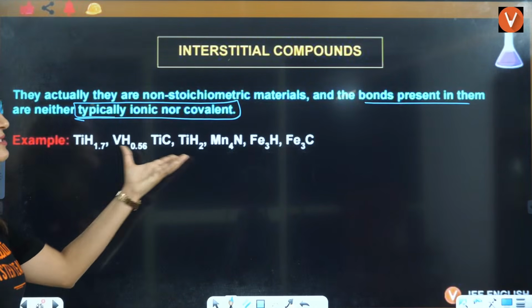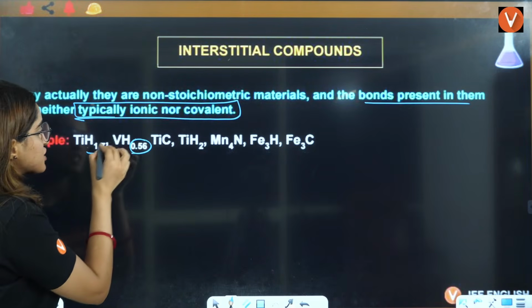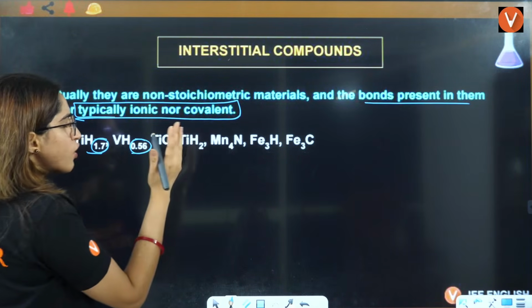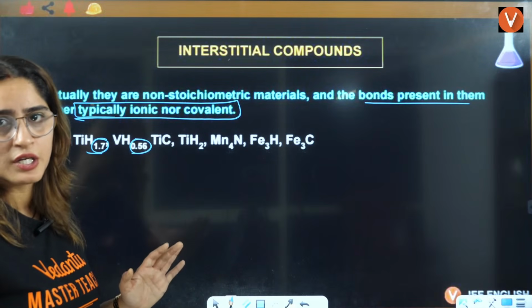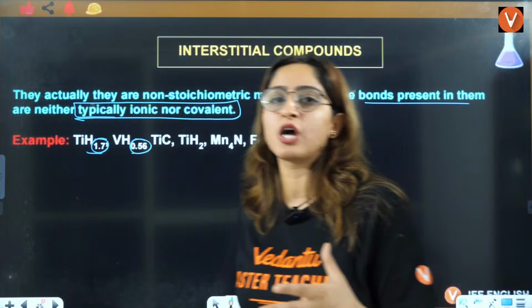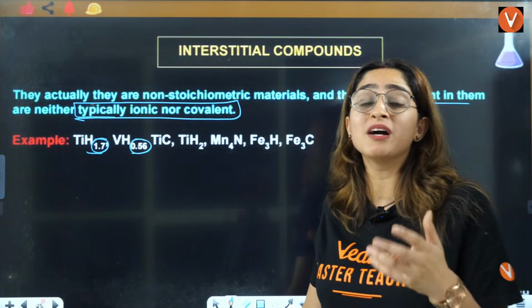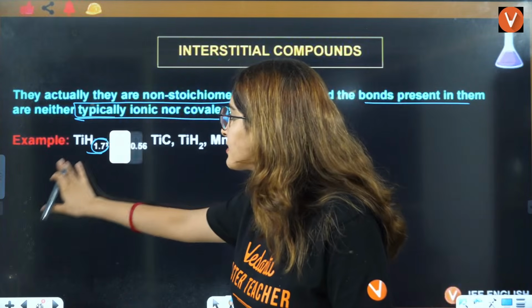These are some examples. Can you see this is in fraction? Mostly they are non-stoichiometric, meaning they are in fractions, because it is not certain how many atoms will be there in the interstitial site.